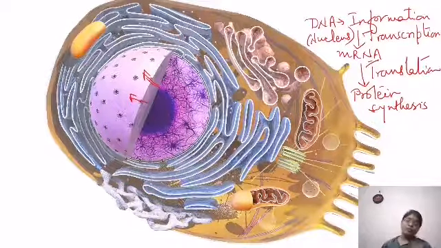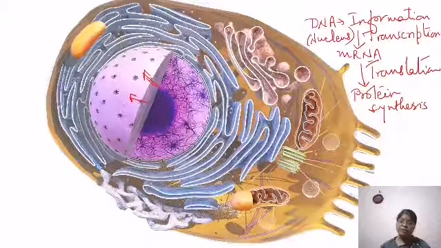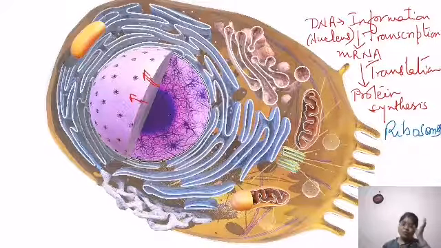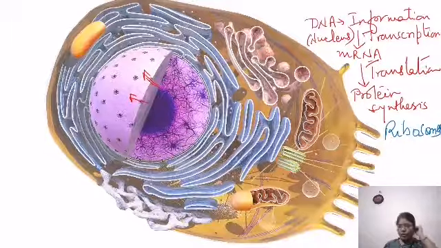You have read that protein is synthesized by ribosomes. This messenger RNA has a message which is read by ribosomes, and according to the message, amino acids are added and your complete protein is formed.